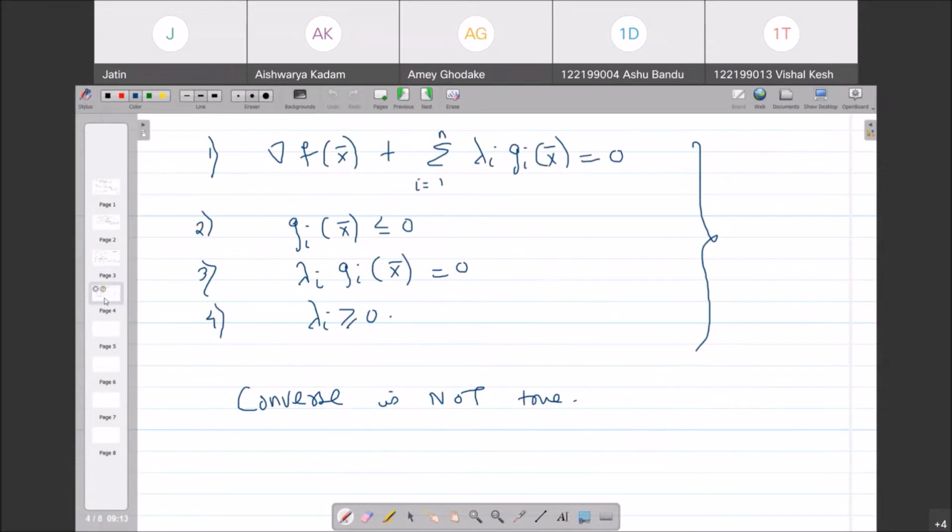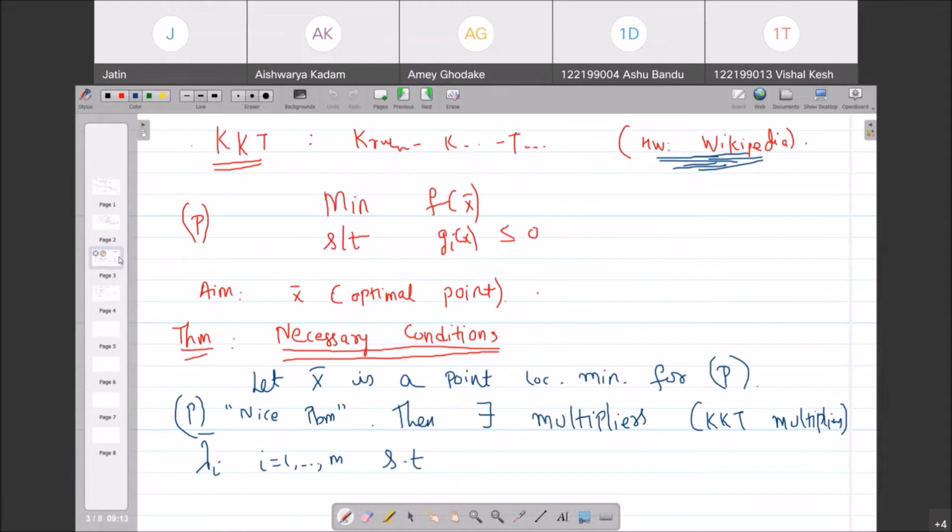But the converse is not true. That means if a point satisfies these four conditions, it need not be a point of local minima.